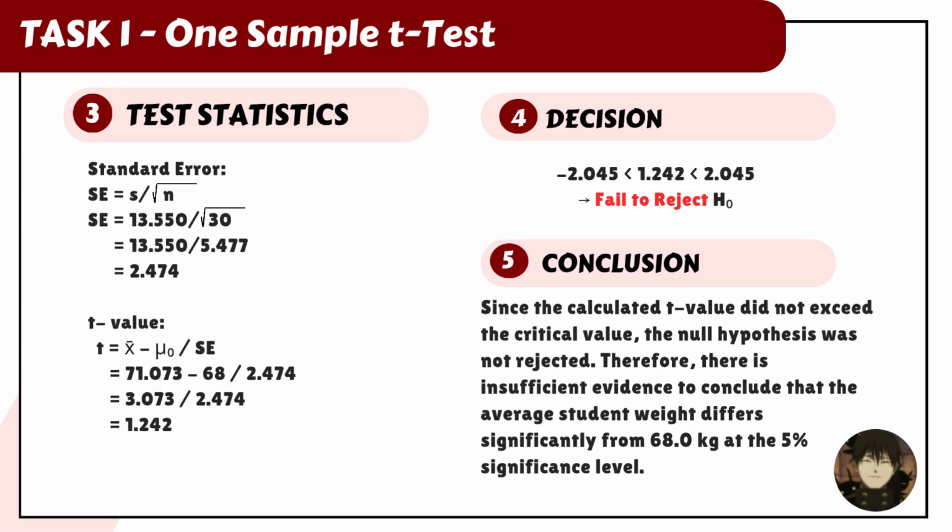For the decision, since the t-value of 1.242 lies between negative 2.045 and positive 2.045, we fail to reject the null hypothesis. In conclusion, there is insufficient evidence to conclude that the average student weight differs significantly from 68 kilograms at the 5% significance level.